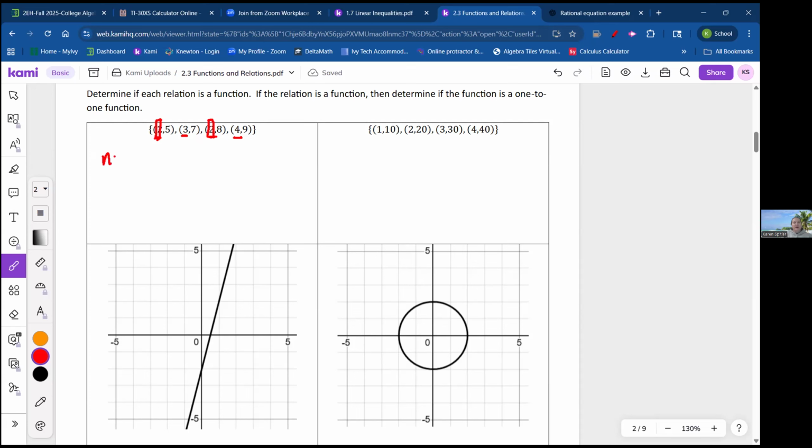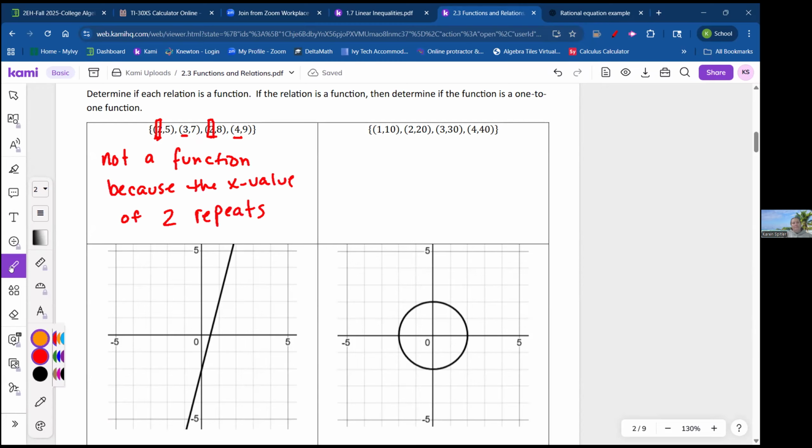So this is not a function, because the x value of 2 repeats. There's more than one 2. You can't have that. That's a no-no.